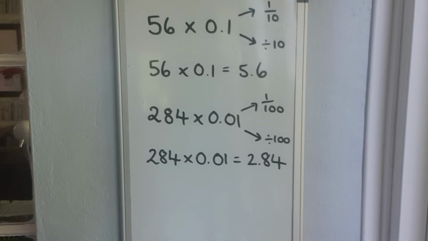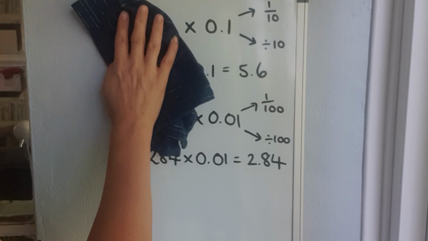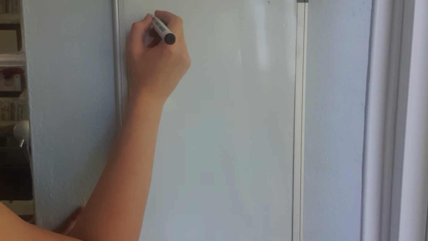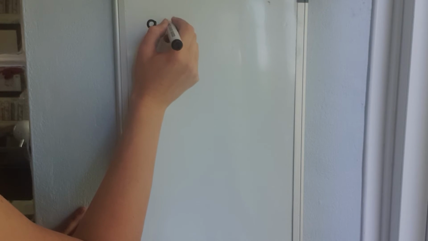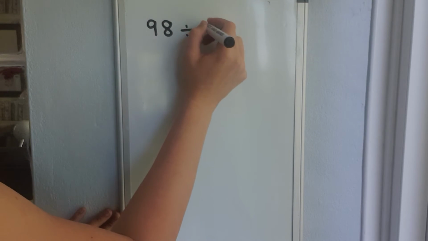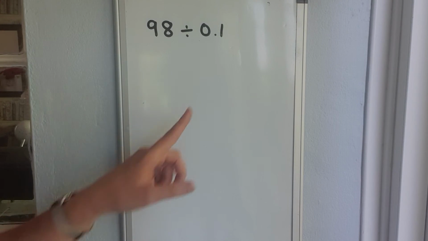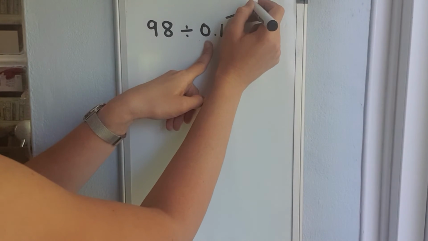When we're dividing, that also does something very strange. So I'll just give you an example for there as well. If I had 98 divided by 0.1, again, you need to think about this almost in reverse. So 0.1 is the same as 1/10.